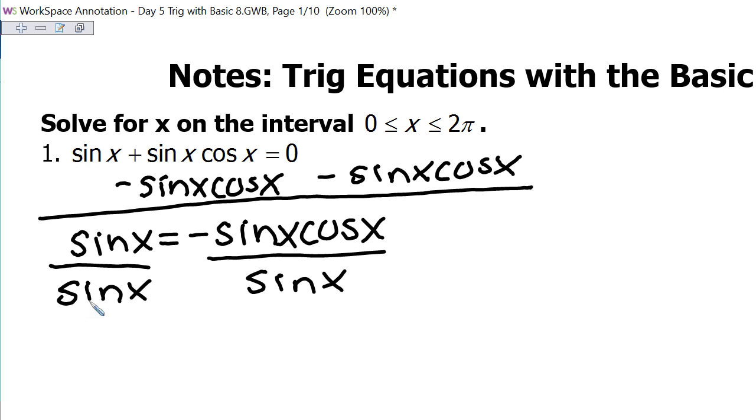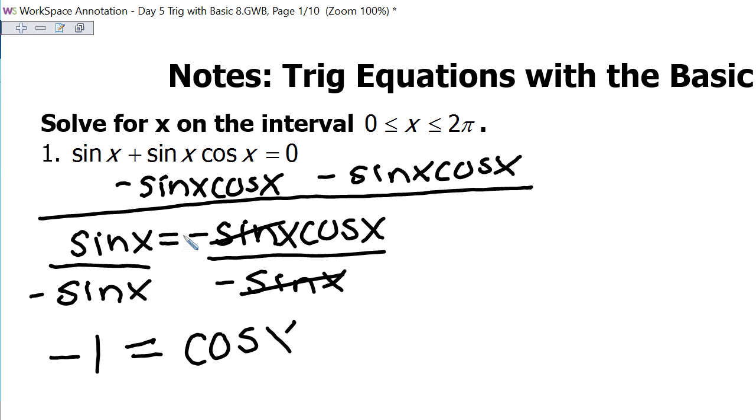Both of these would cancel. But I'm going to make this a negative sine of x. So when I divide sine of x by negative sine of x, that gives me negative 1. Negative sine of x, negative sine of x, those cancel, and that leaves us with cosine of x.